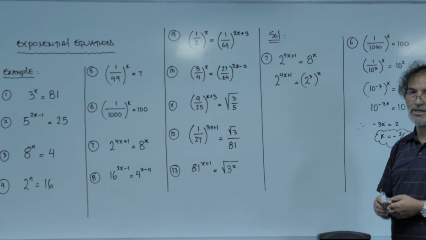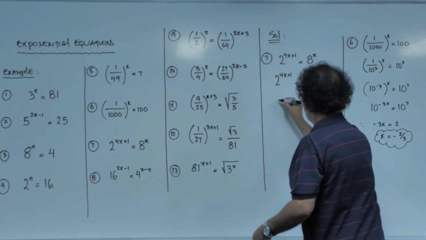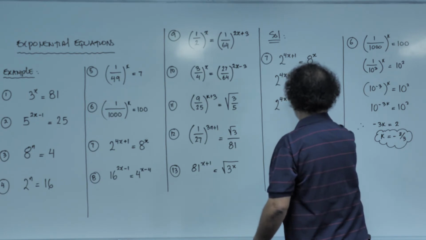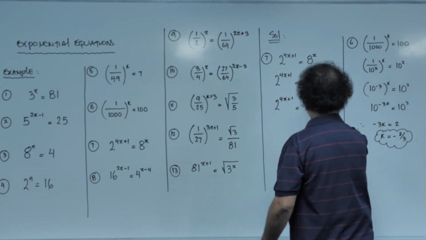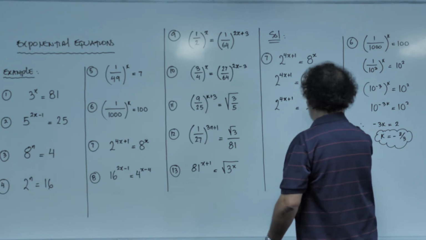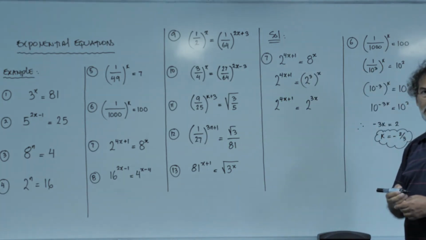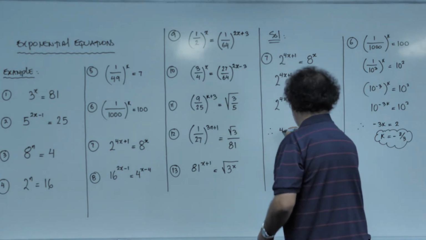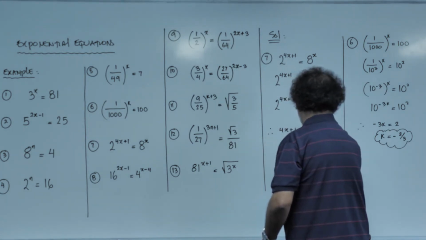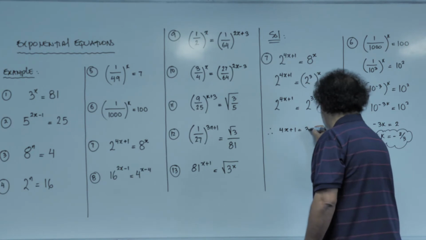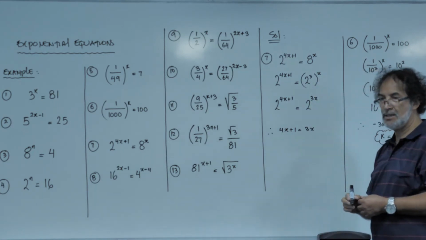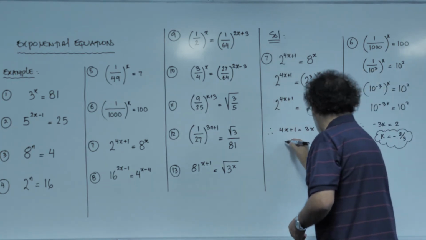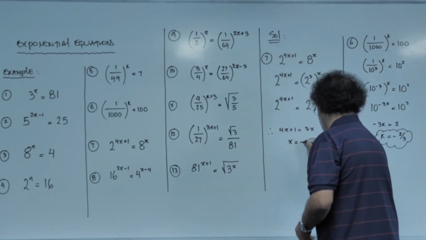Then 2 to the power of 4x plus 1 is equal to 2 to the power of 3x. Okay, so therefore equating the powers, we're going to have 4x plus 1 is equal to 3x. And then we're going to have x is equal to negative 1.